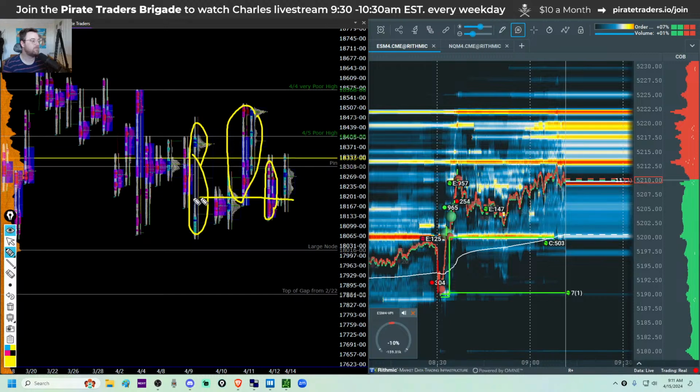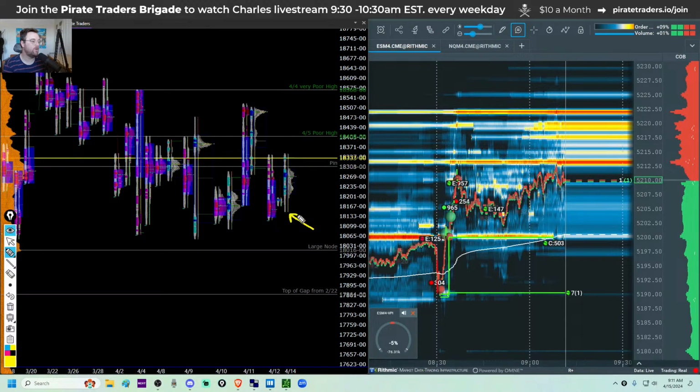They've got a lot more support below. So for me to get bearish on the NQ, I would need to see it get below the overnight low, which is around 18,150, and get continuation lower from there. It would need to push below, come back up, get resistance before I'd really be bearish that we're making another large move to the downside.